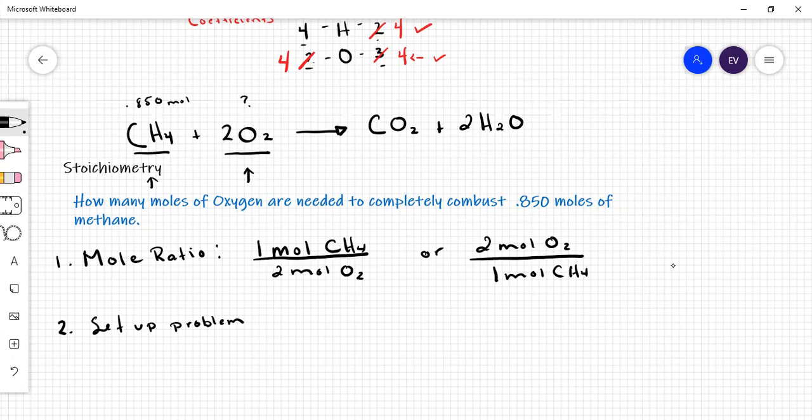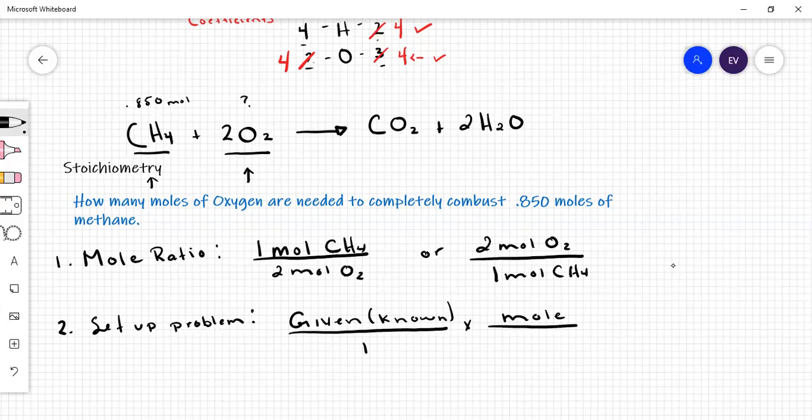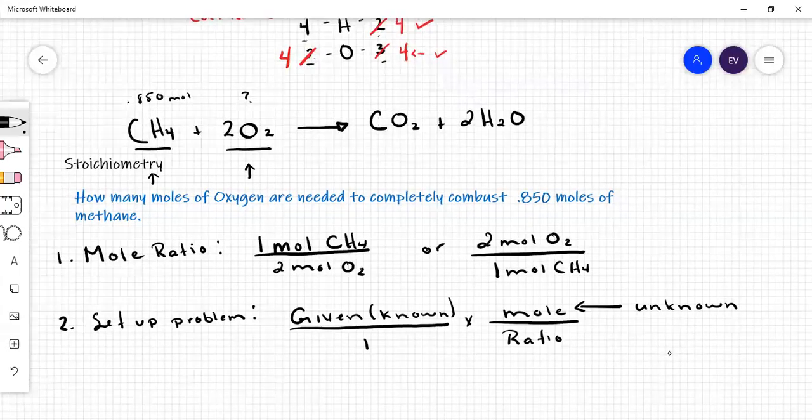The way you set up your problem is you take the given, or the known, put that over 1, then multiply by the mole ratio to find the unknown. The unknown should end up here. This is what we're looking for. So this is the basic model that we're going to use to figure out the unknown.